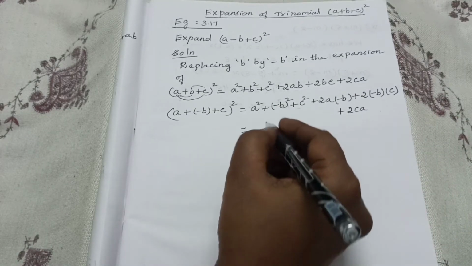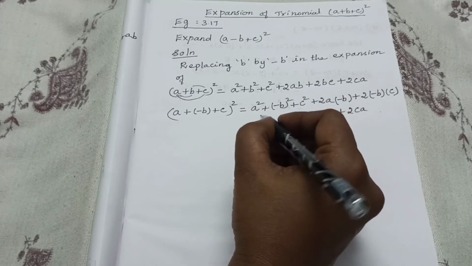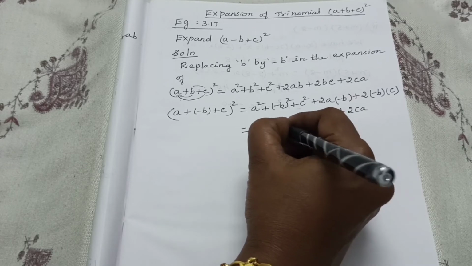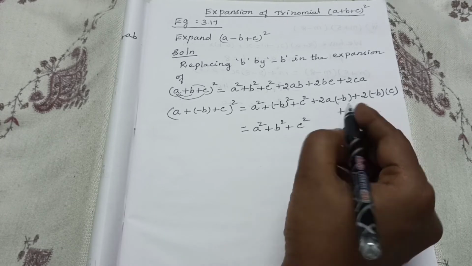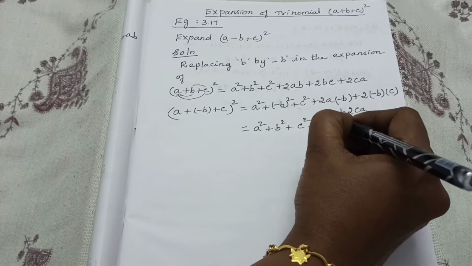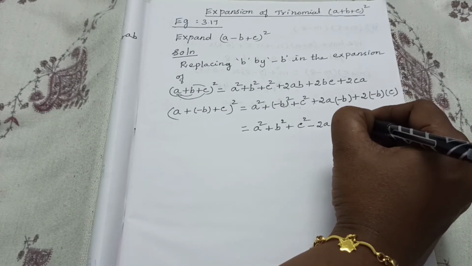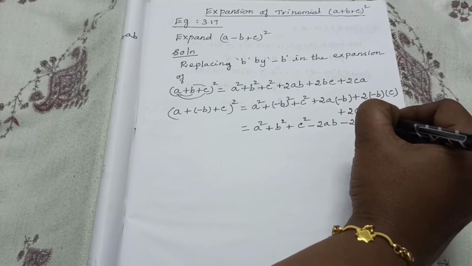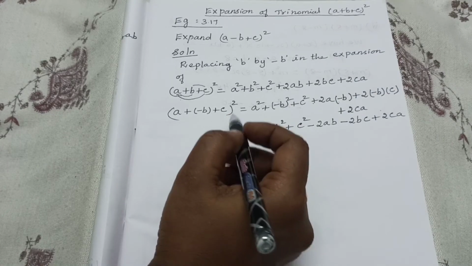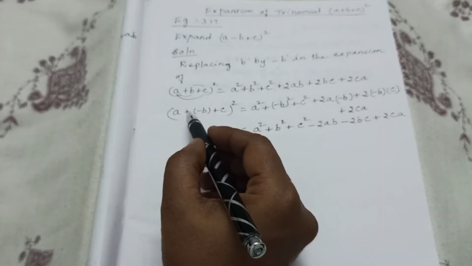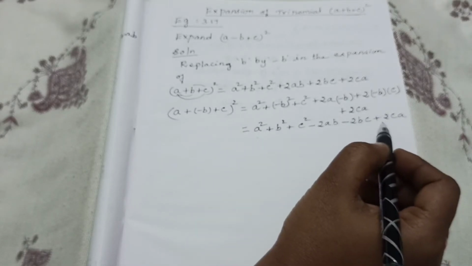Here equal to a square, then minus b the whole square is even power, isn't it? So plus we will get. Then plus b square, then plus c square, then plus into minus is minus, minus 2ab. Then here plus into minus is minus, minus 2bc, then plus 2ca. Okay, this is the expansion. Expanded form is this one.